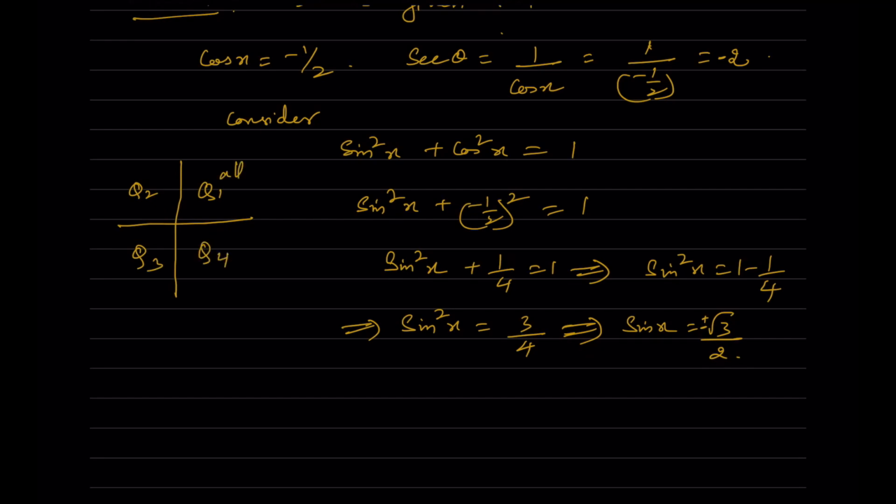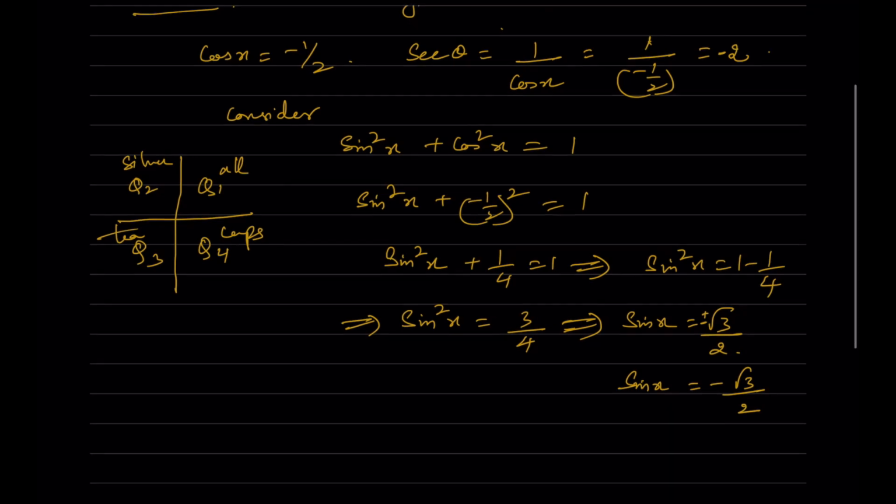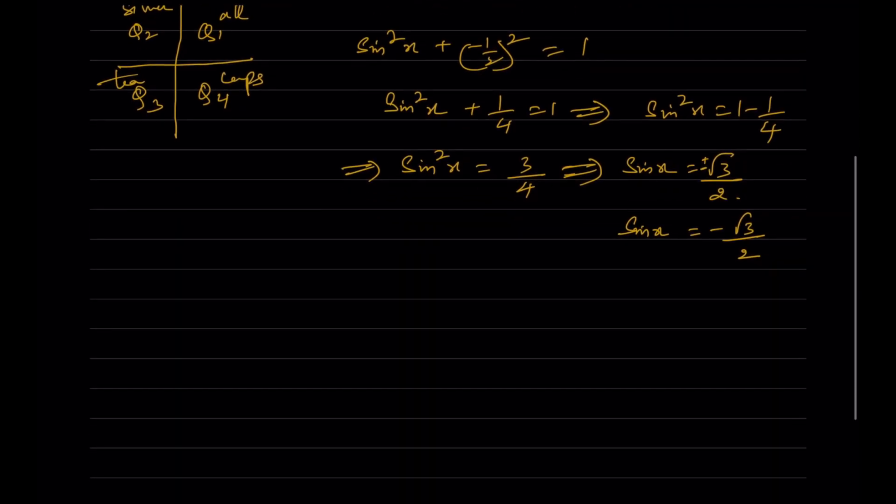In the third quadrant we have tan as positive, all silver tea cups. Since sin x is equal to plus or minus root 3 by 2, and it lies in the third quadrant, it is minus, only tan and cot can be positive over there. So sin x is equal to minus root 3 by 2.